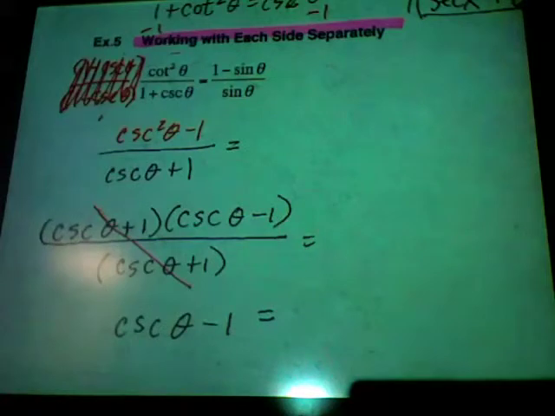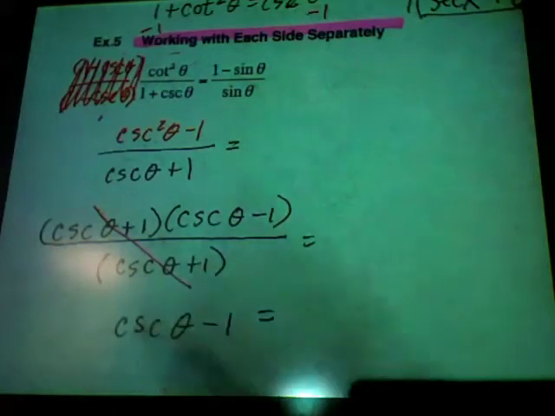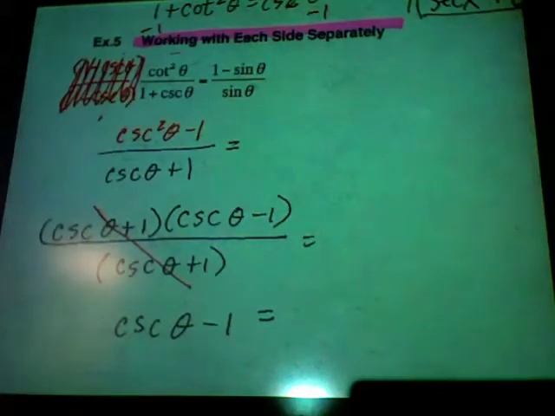Anybody have any thoughts as to what I might do to the right side to try to get here? Does sine have any relationship with cosecant? Sine is an inverse, right? So what might your thought be on how I might get there? Because they do have a relationship. Amber says separate them into two fractions. Will that work? Let's see.